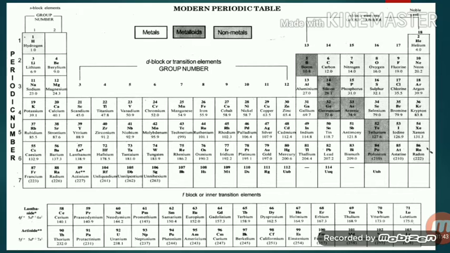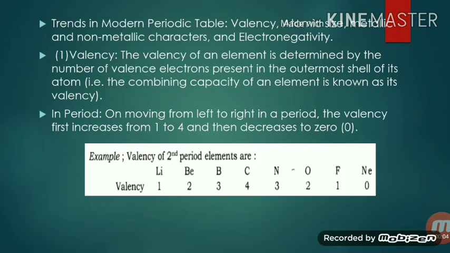If you find the valency like that, as I have discussed, we have to complete the octet, and then the remaining last shell electrons will be received or removed as the element requires to complete its octet, that is 8, right? Trends in the modern periodic table are valency, atomic size, metallic and non-metallic character, and electronegativity.